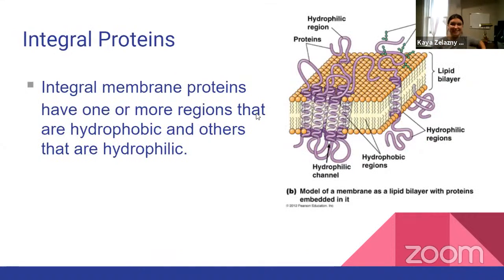So they would look like this. Back to those integral proteins, right? So integral proteins are able to go through the membrane, go into that nonpolar region, because they're going to have at least one region that's hydrophilic, so attracted to water, either outside or inside the cell.